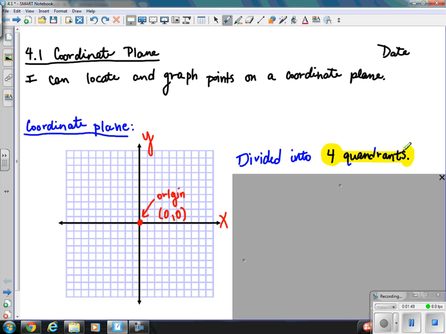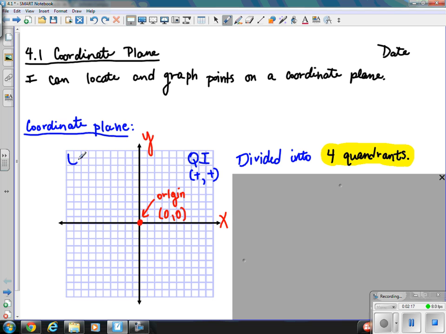So our quadrants like to start where all the numbers are positive. And the big thing is always think about your x-axis being like a number line. On a number line, your positive numbers are to the right of 0 and up. So quadrant 1 is where your x is positive and your y is positive.